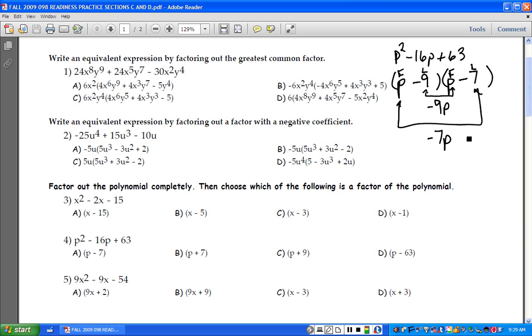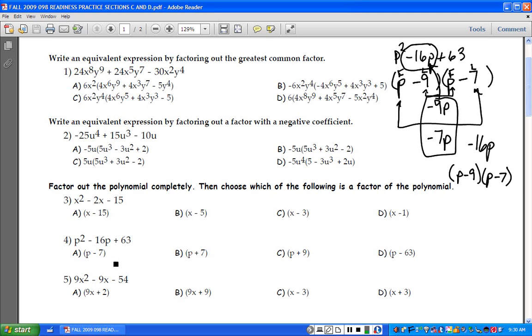Negative 9 and negative 7 gives us negative 16p. So these two combined do give us the negative 16 that we wanted. That lets us know we now have the right pair of factors, which are p minus 9 times p minus 7.